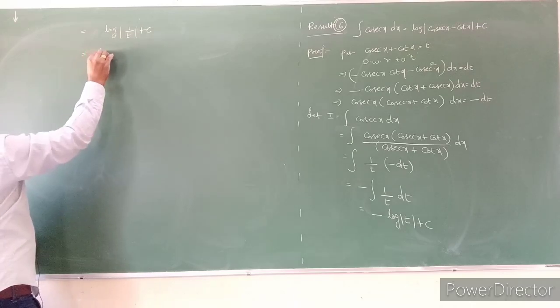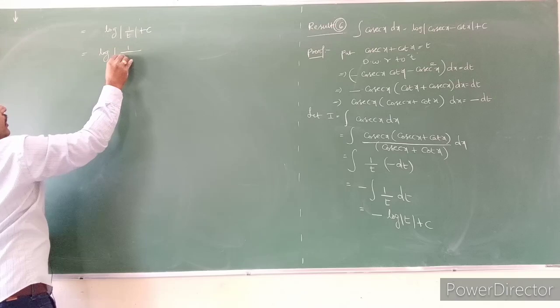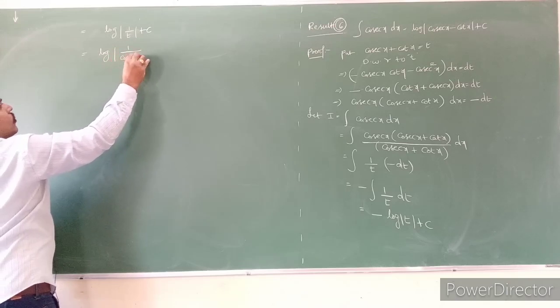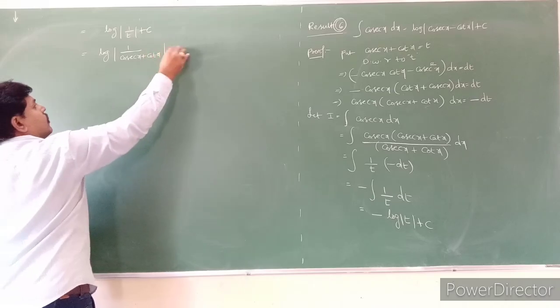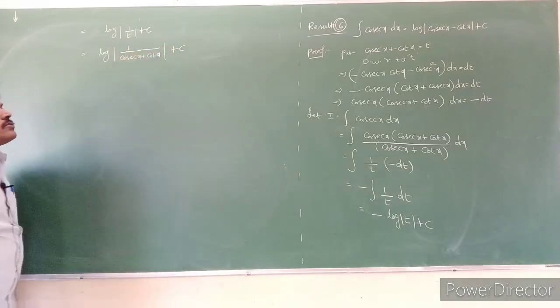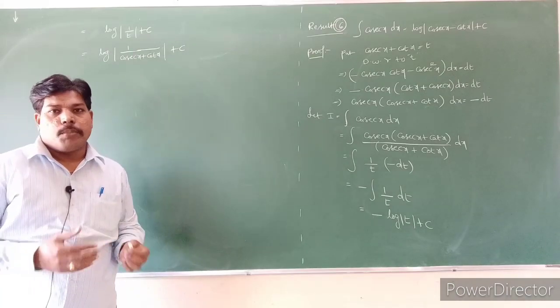So that is equal to log of mod 1 by cosecant x plus cot x plus c.